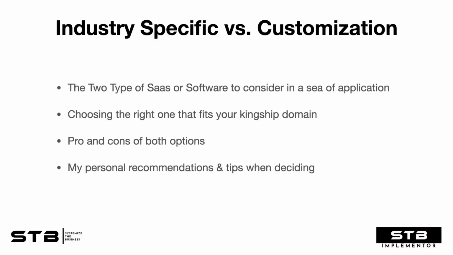Through the process, and through your research, you'll figure out what's going to work best for you, choosing the ones that fit your kingship domain. We'll cover the pros and cons of both options, then my personal recommendation of what you should use, and tips on deciding which one. But ultimately, it's going to be up to you what you want to use.